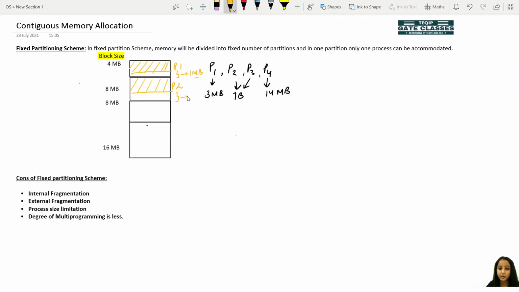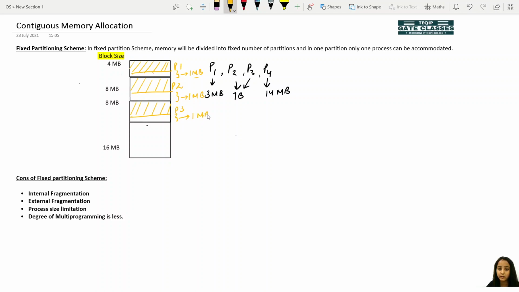The remaining size is 1 MB. Then again P3 of 7 MB came, it is allocated in the third block because it can't be accommodated in the first two blocks. Here 1 MB is left.